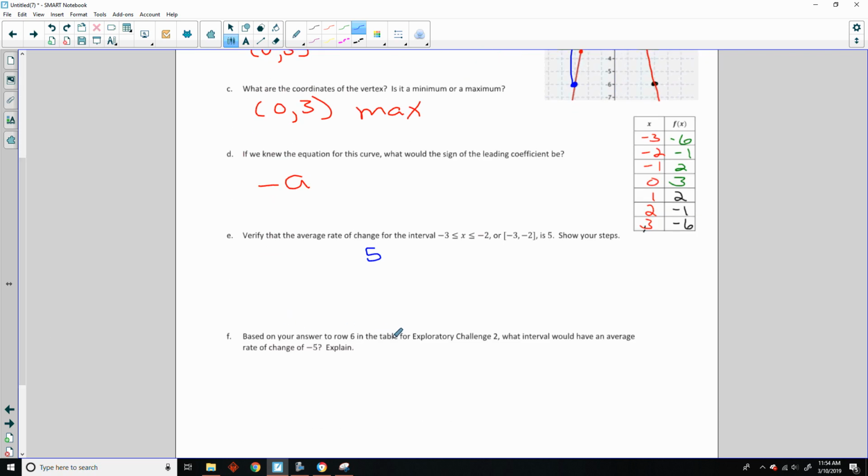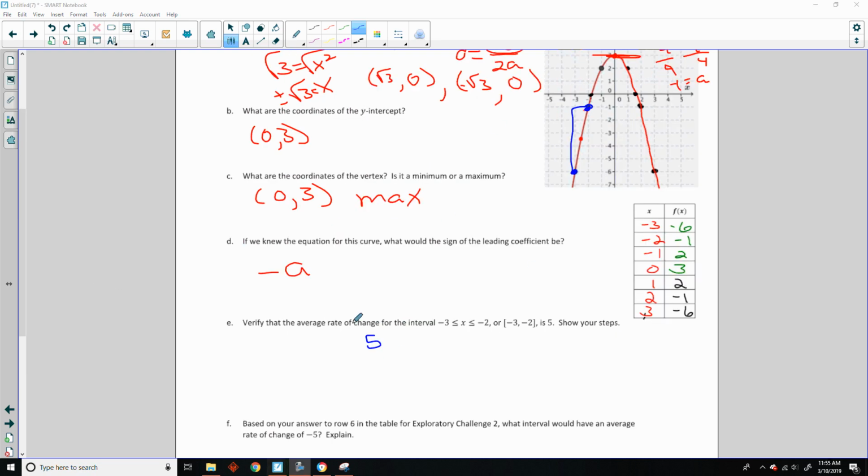Based on your answer to row 6, in the table for Exploratory Challenge 2, what interval would have an average rate of change of negative 5? Explain. Okay, well, if the average rate of change from negative 3 to negative 2 was a positive 5, we went up 5 over 1, well, we're going to go down 5 over 1 between the intervals of 2 and 3.